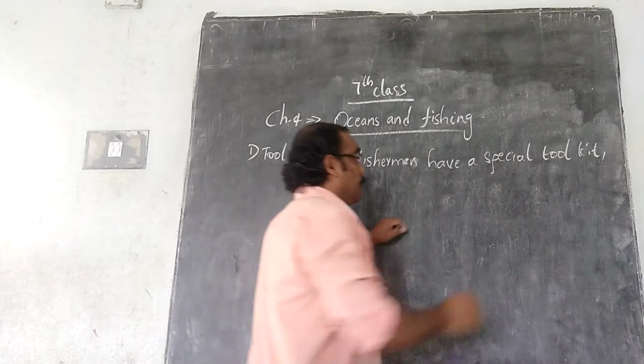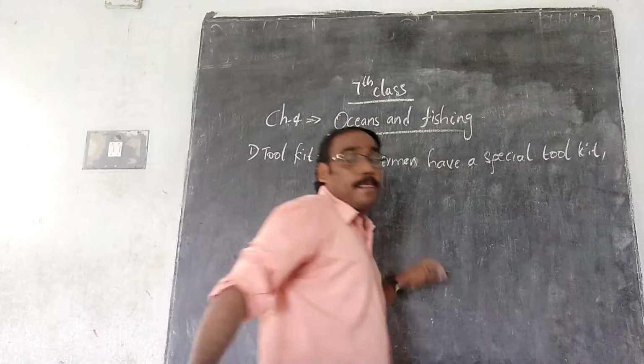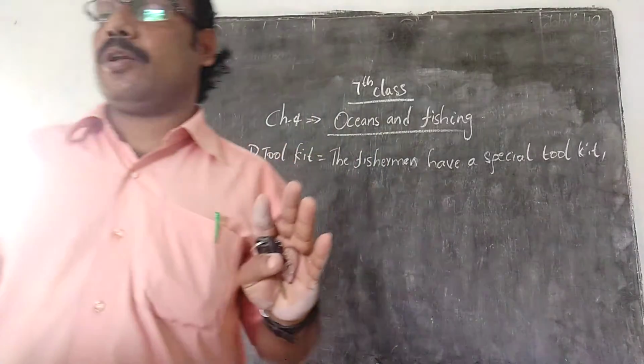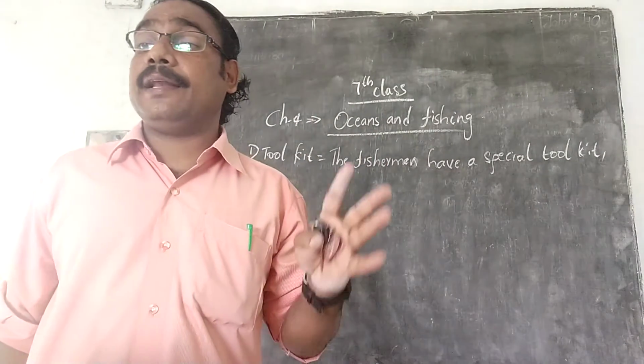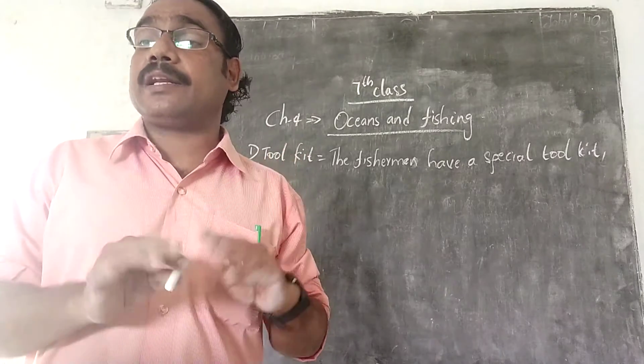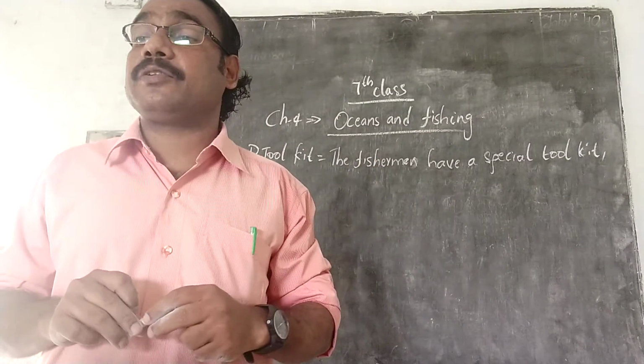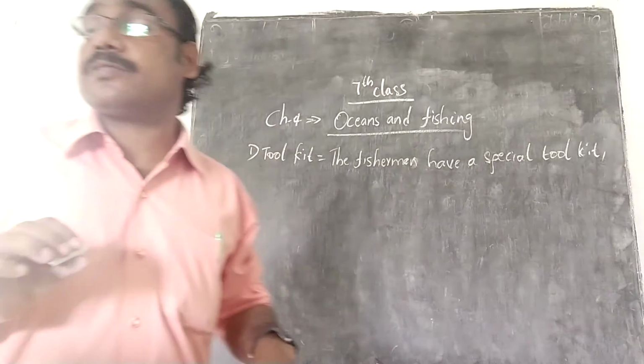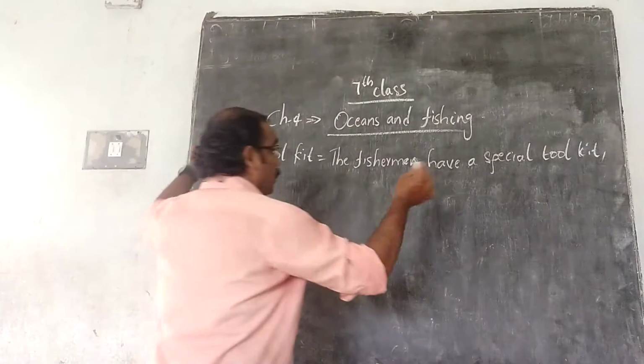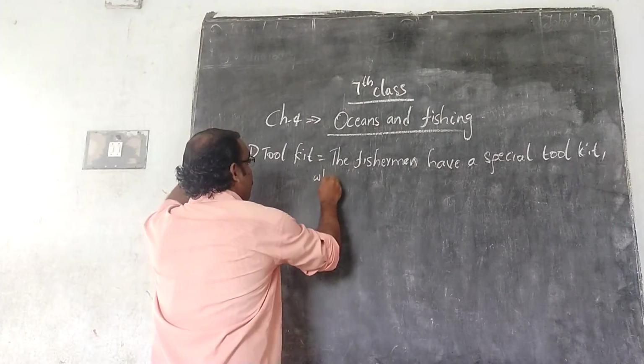In that toolkit, what things are there? Noolakarlo means net preparing for, then Noolakanda, that means thread, then a flattened stick to determine the net ring size.